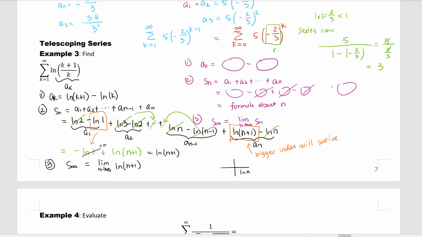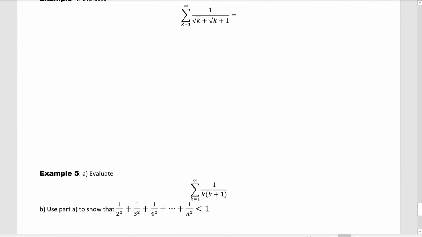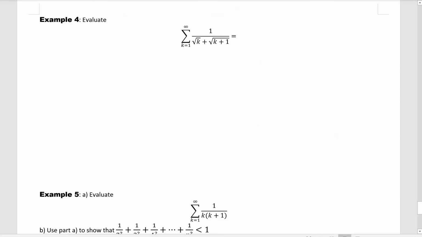Oh, sorry. It will go up all the time. So that's why this is infinity. So we have the series diverges. All right. So that is the telescoping series.